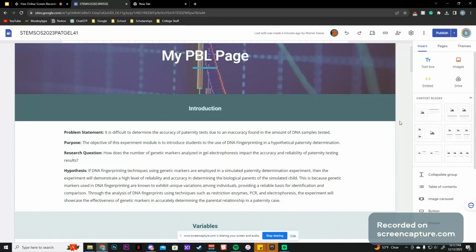Our research question: how does the number of genetic markers analyzed in gel electrophoresis impact the accuracy and reliability of paternity testing results? Our hypothesis was that if DNA fingerprinting techniques using genetic markers are employed in a simulated paternity experiment, then the experiment will demonstrate a high level of reliability and accuracy in determining the biological parents of the simulated child, because genetic markers used in DNA fingerprinting are known to exhibit unique variations among individuals, providing a reliable basis for identification and comparison.